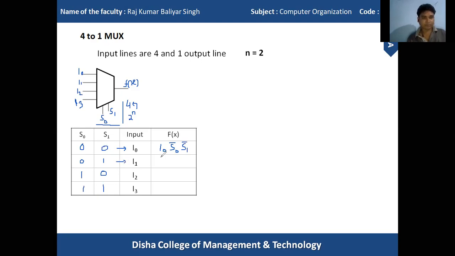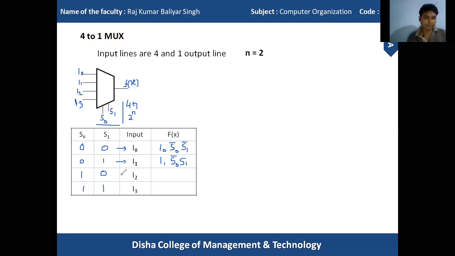So here I1, S0 should be not, because 0 represents the not and 1 represents the non-complement value, that is S1.